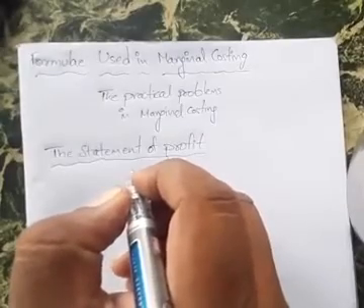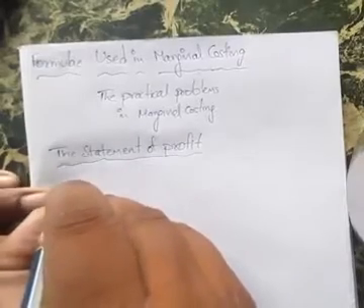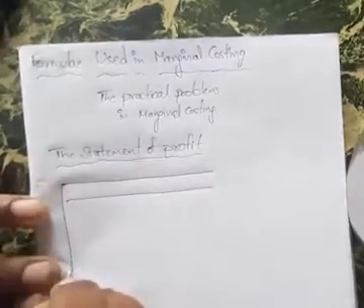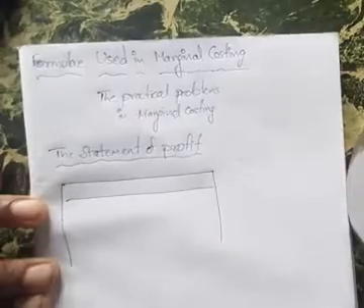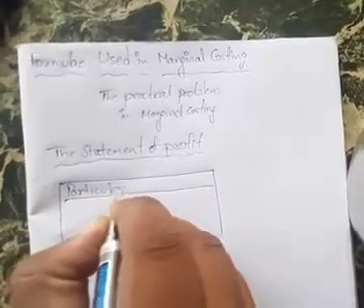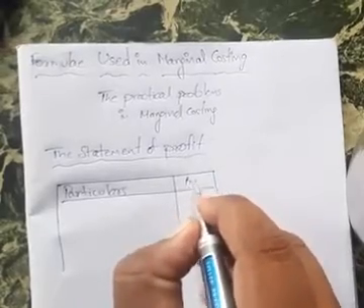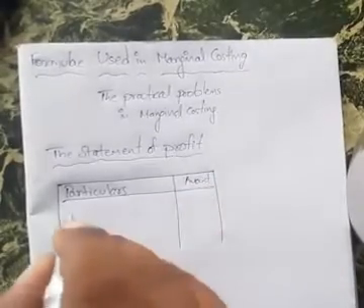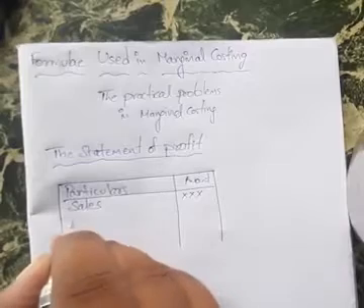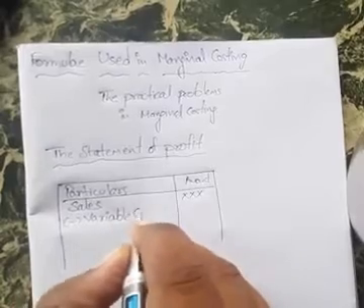What is the statement of profit? The statement of profit is in this particular pro forma. Particulars, amount. Sales, less variable cost.